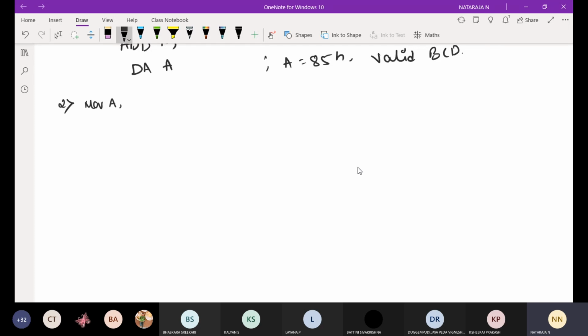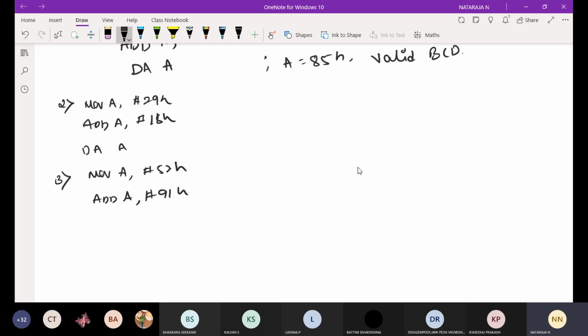That is the first one. This is the second one: move A, #29H, add A, #18H, decimal adjustment accumulator. You can carry out the operation. On the third one, move A, #52H, add A, #91H, decimal adjustment accumulator.